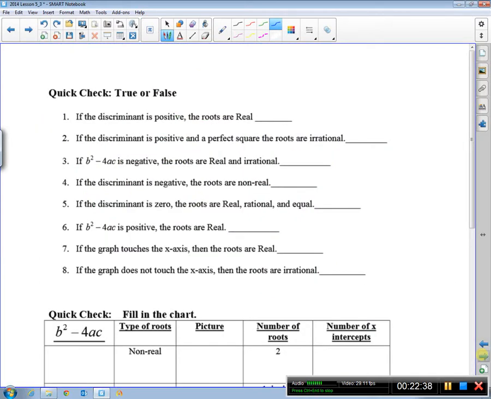This next page is a quick check for you. So I would say, pause the video, try these true-false questions, and see how you do. Pause the video now.